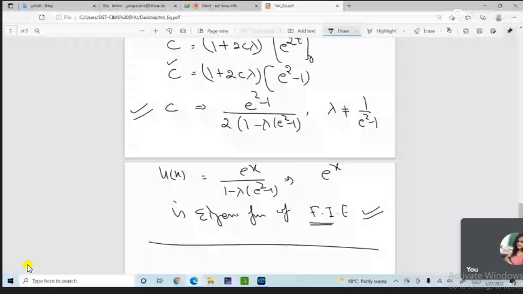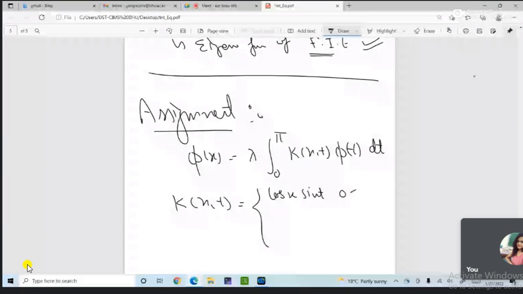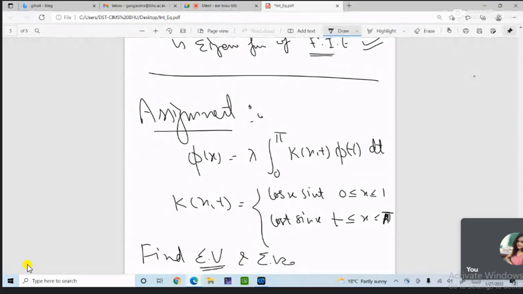Also, you can find the eigenvalues and eigenfunctions of this integral equation, where k(x, t) is equal to cos x sin t when x lies between 0 and t, and cos t sin x when t lies between 0 and pi. So find the eigenvalues and the eigenfunctions of this integral equation.